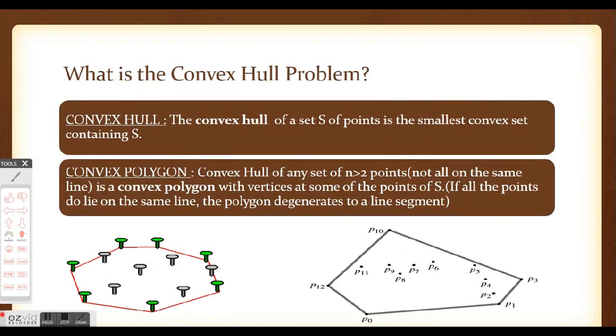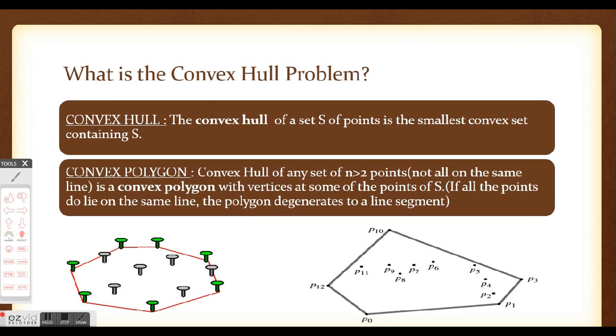So next is the convex hull. Based on the definition of the convex set, we arrive at the convex hull definition. The convex hull of a set S of points is the smallest convex set containing S. Based on this, the convex polygon is defined.